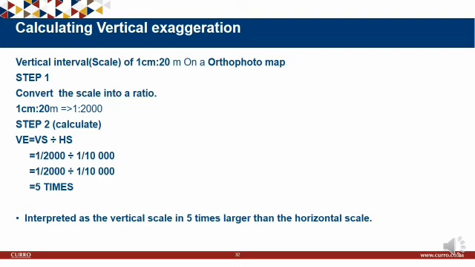Now, the horizontal scale is not 1 is to 50,000 because we are using an orthophoto map. Therefore, it's 1 is to 10,000. And then we get the answer, which is 5 times, meaning the vertical scale is 5 times larger than the horizontal scale. That's how you interpret it. Understand? Fine.